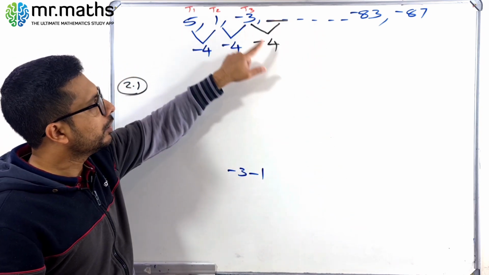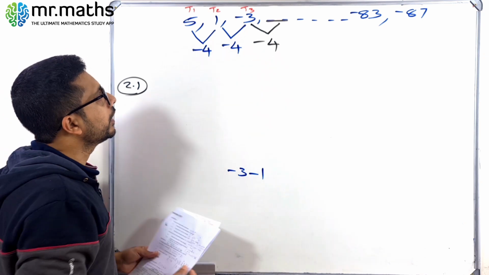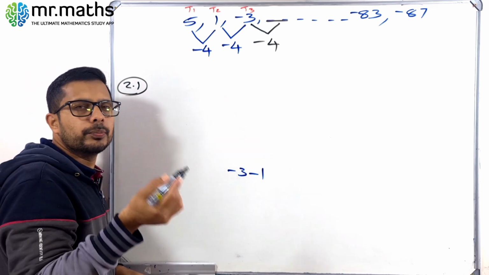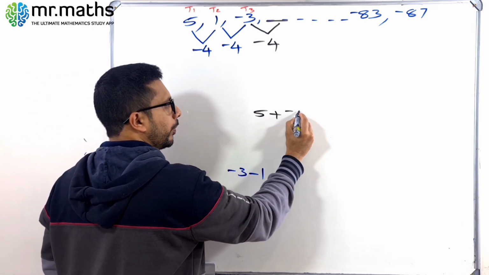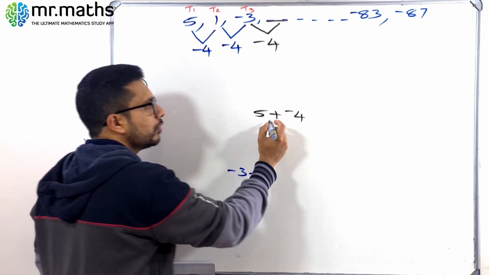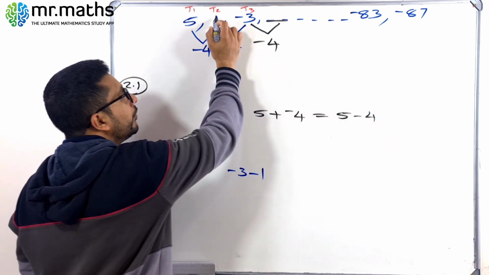Minus 3 minus 4. Don't misunderstand: actually this is not a minus, we are supposed to add, 5 plus minus 4. So 5 plus minus 4 is 5 minus 4, and that is how we got 1.